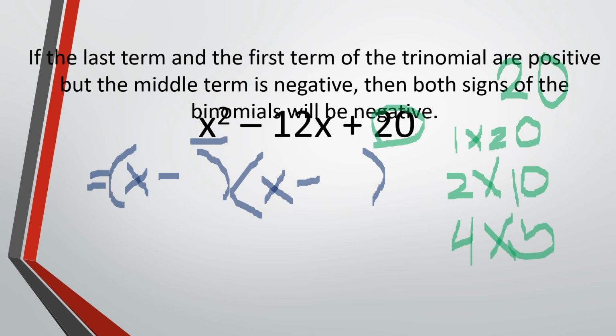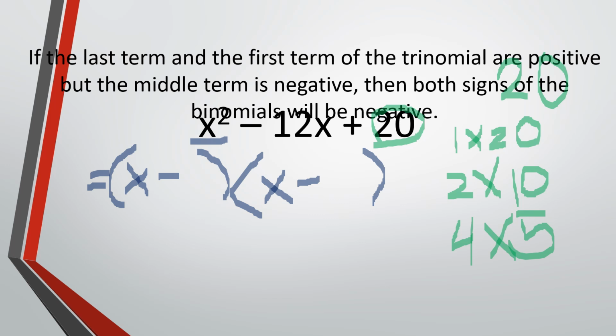We have 5 and 4, 10 and 2, and 20 and 1. So the product of these numbers is 20. However, among these factors, we will find one pair in which the sum is 12.